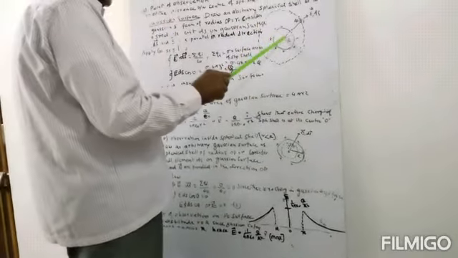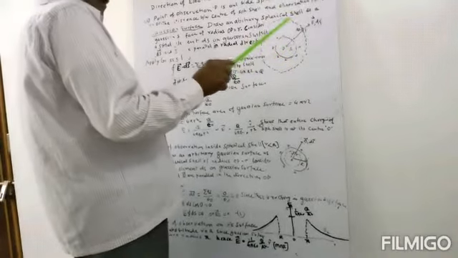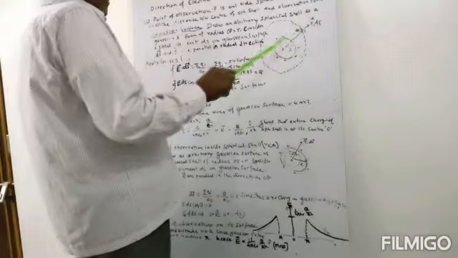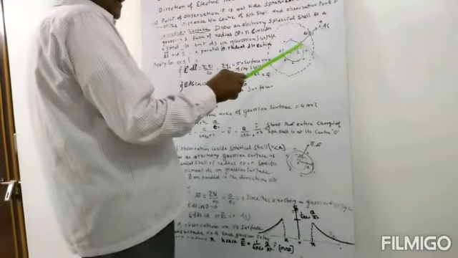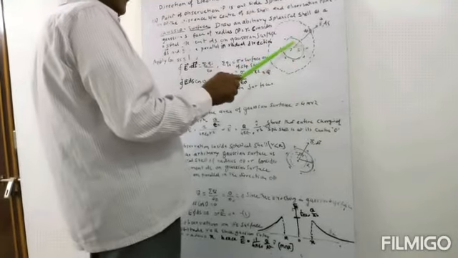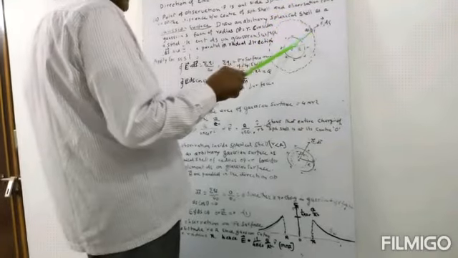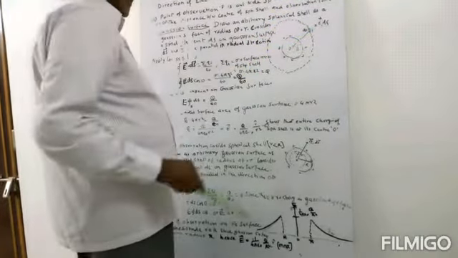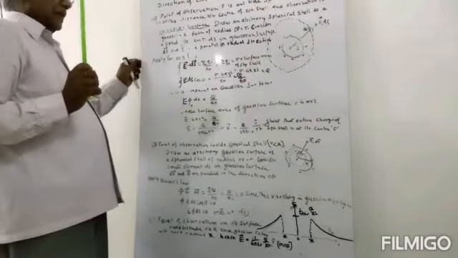So charge inside is 0. So electrical field inside is 0. And the electrical field will be maximum at the boundary or on the surface and electrical field will be decreasing as we go away from the center, outside the spherical cell.